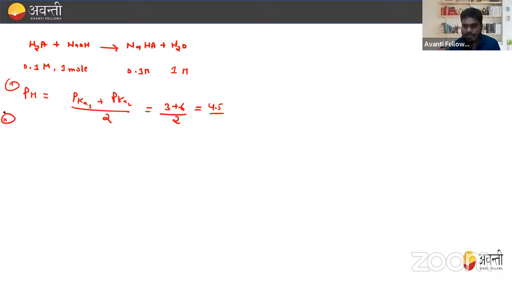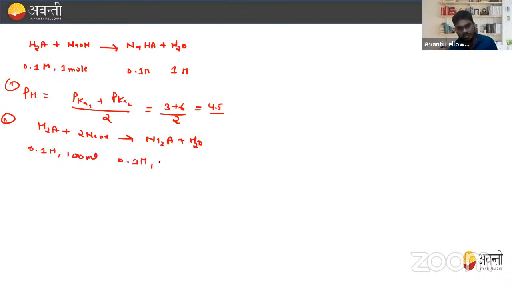In the second option, we say H2A reacts with 2 NaOH to give Na2A plus 2 H2O. Now, 0.1 molar at 200 ml is equal to 10 upon 300, or we say 1 by 30.